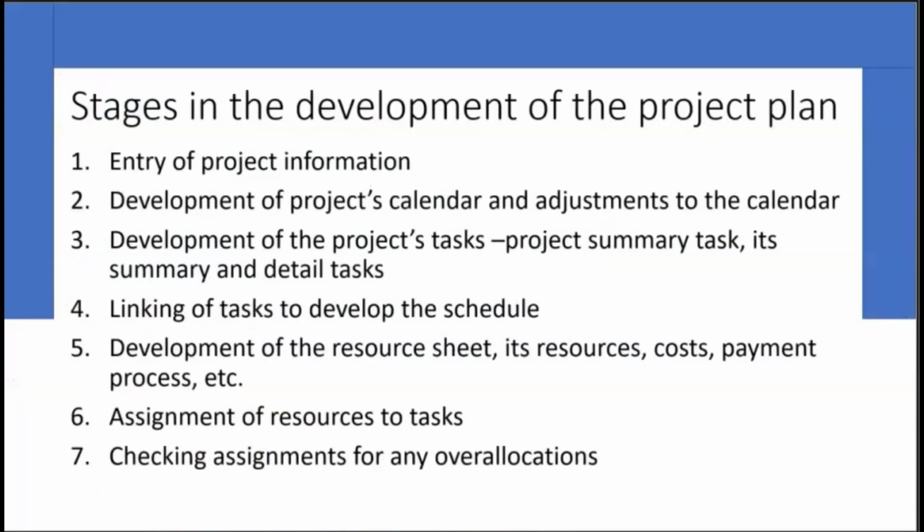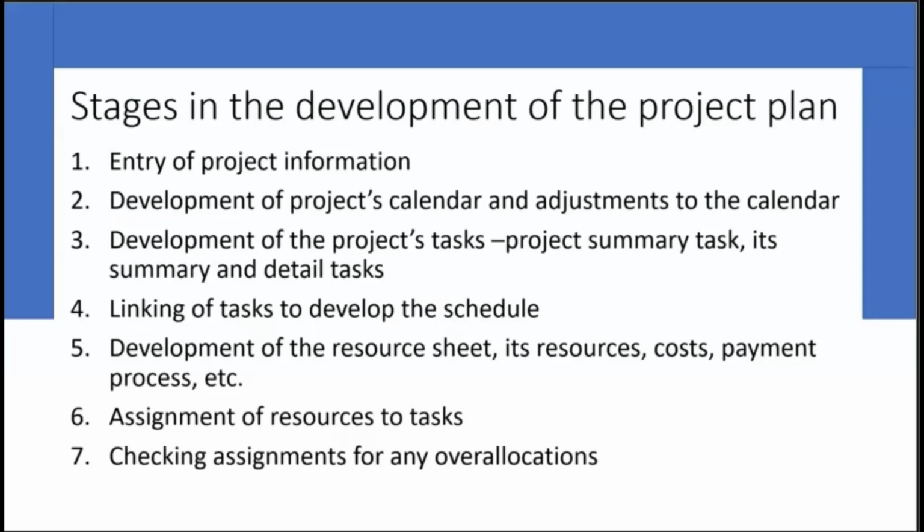What are the stages in the development of the project plan? There's the entry of project information, development of the project's calendar and adjustments to the calendar, development of the project's tasks, namely the project summary tasks, its summary and detailed tasks, linking of tasks to develop the schedule, development of the resource sheet, its resources, cost, payment process, etc. Assignment of resources to tasks, and checking assignments for any over allocation, as well as adjusting all over allocations so that the project is complete.